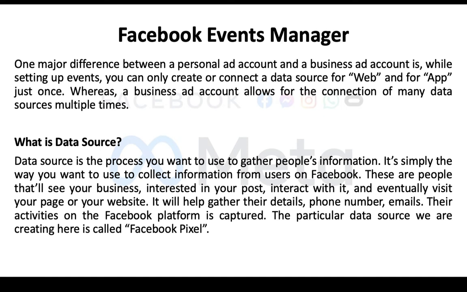If you are setting up pixel and events, pixel particularly, that's a form of data source. So if you are creating a pixel for a personal ad account, you will only be given the opportunity to create a data source for web just once and for app just once. But in the business ad account, you can create for web, you can create for app, and you can create for other sources of data.